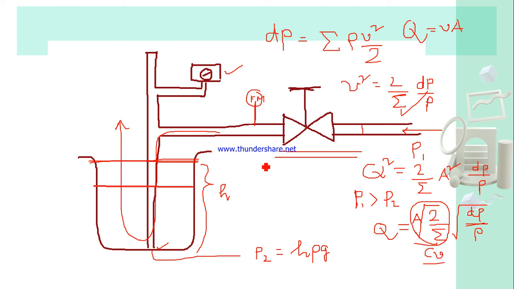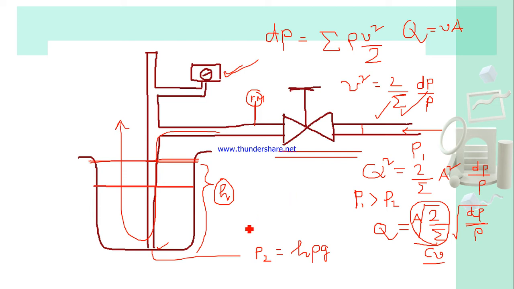So through this also you can find out, because this inlet pressure will be known, and if you can calibrate this flow, then you can find out this pressure also, which is directly proportional to the height of the liquid or the level of the liquid.